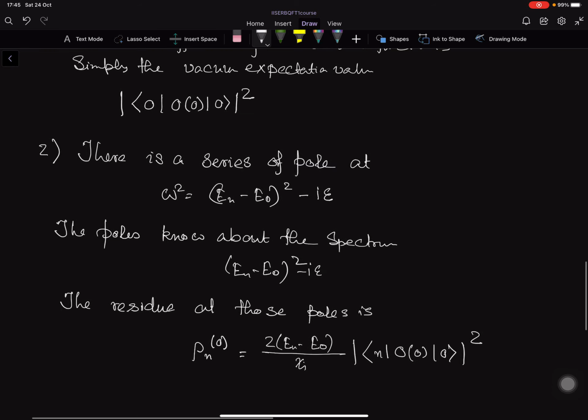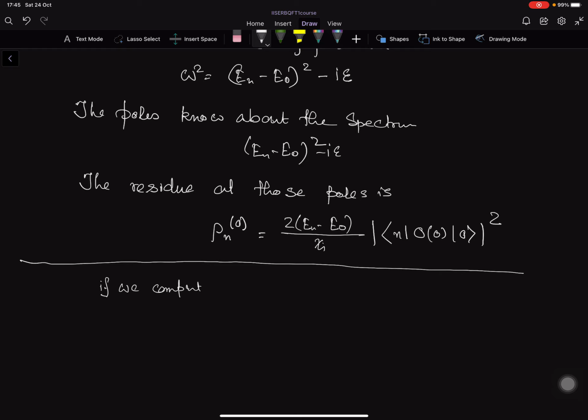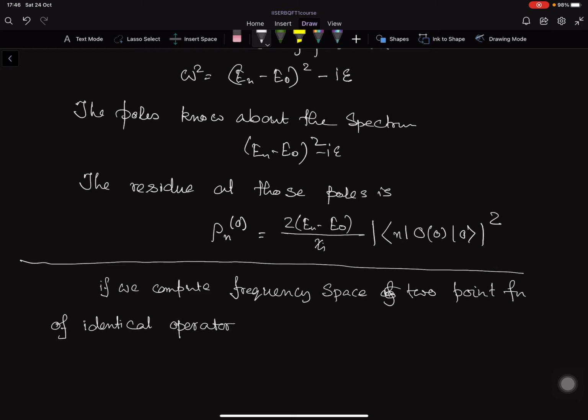So this is very interesting. What this basically means is that if we compute the frequency space 2-point function of identical operators, then the poles in the frequency space know about the spectrum.